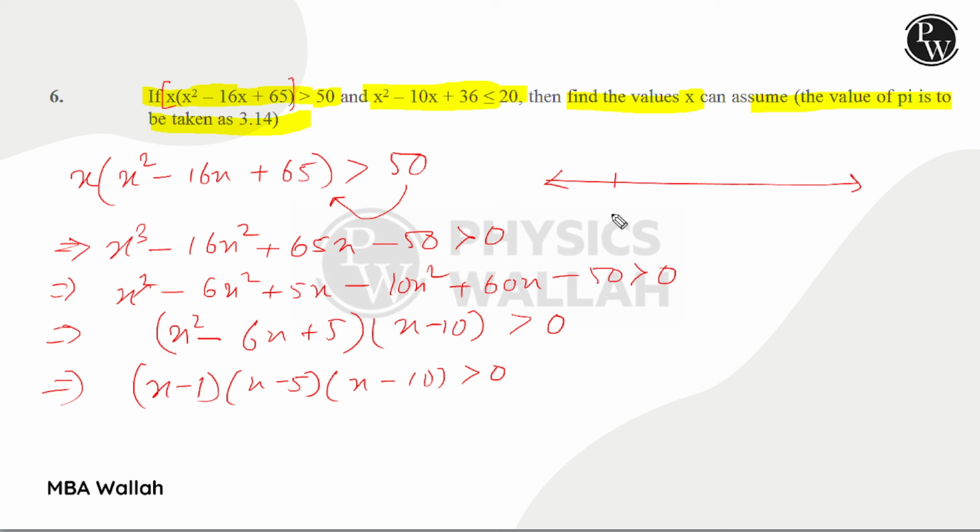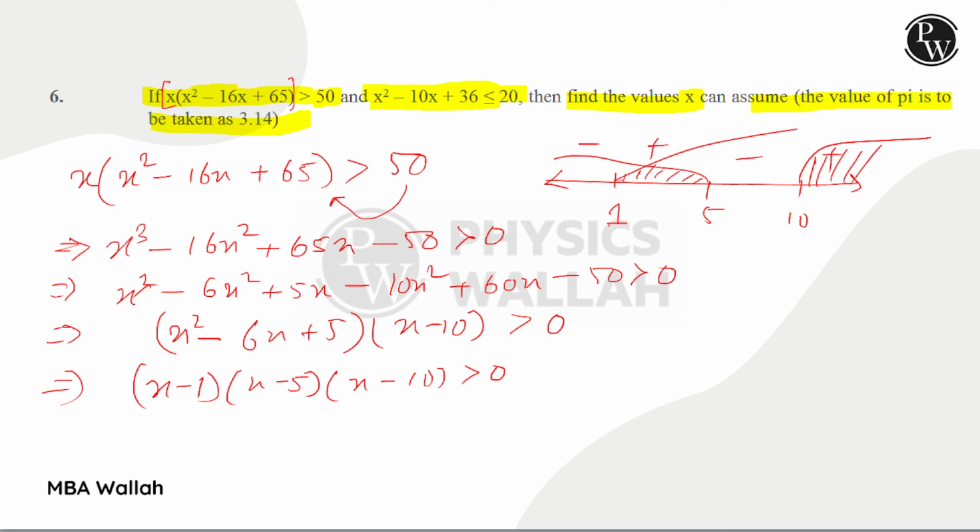Let me write them in order: 1, 5 and 10, plus minus, this is the scheme that we follow, and typically we are looking at the values which are more than 0. These are the two ranges. So x can lie between 1 to 5 and more, greater than 10.